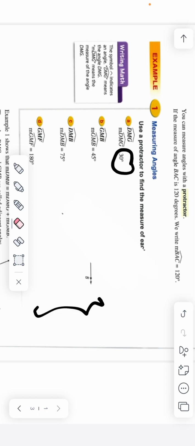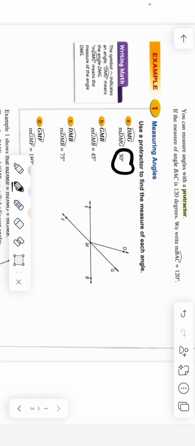Let's find GMB. GMB means this angle. Same thing, we put the hole of the protractor on the vertex M, then the other side on MB, and we can figure out the degree, which is 45 degrees.